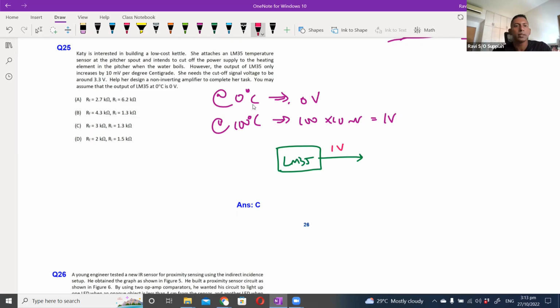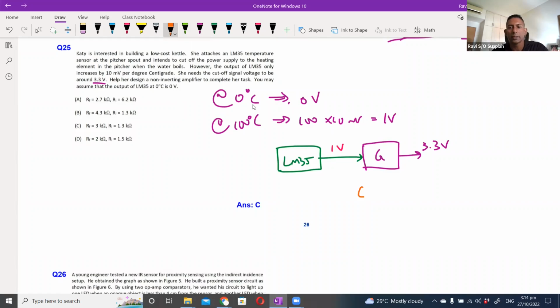What I want to do is design an amplifier circuit so that after I pass through with a particular gain, I'm able to generate the cutoff signal, which is 3.3 volt. Currently the cutoff is at 100 degrees Celsius, which is 1 volt, and I want to make it 3.3 volt.